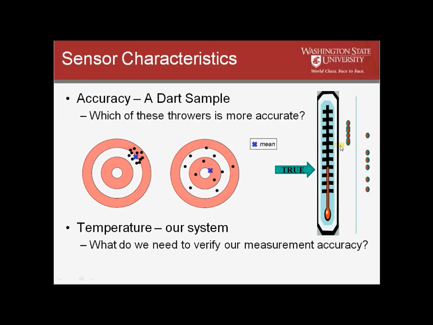For our temperature system, the temperature version of this might look like the sample shown here on the right side. So here's the thermometer and the true value is shown. If we're taking measurements, and the measurements on the left hand side of this line are close together, this might be similar to the thrower whose measurements are close together.